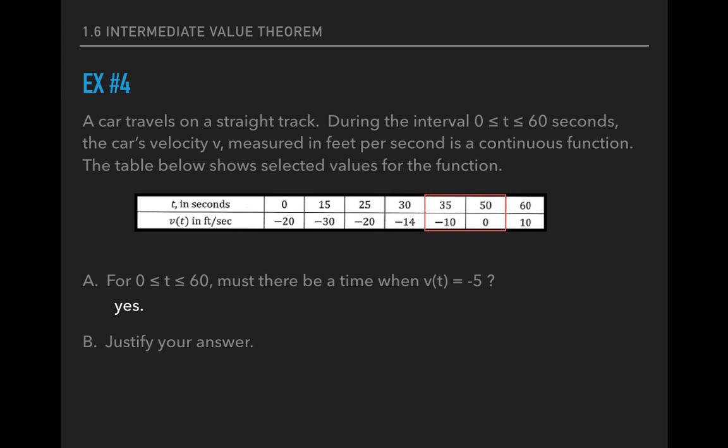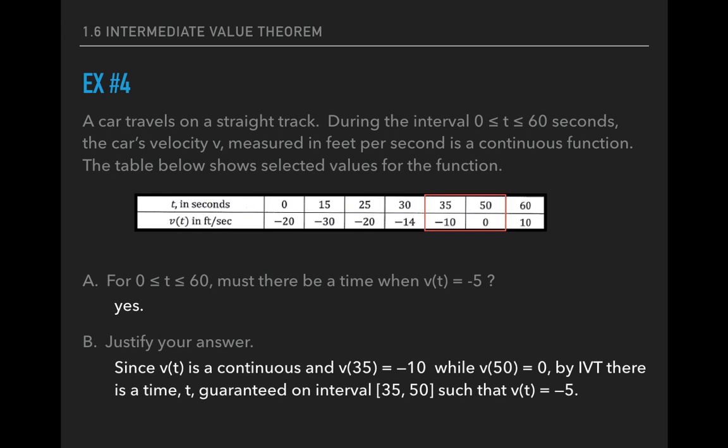On our interval, I'm just concentrating on between 35 and 50 seconds. It goes from -10 to 0. And that means in every second between there, it was increasing from -10 up to 0. So v(35) was -10 and v(50) is 0.